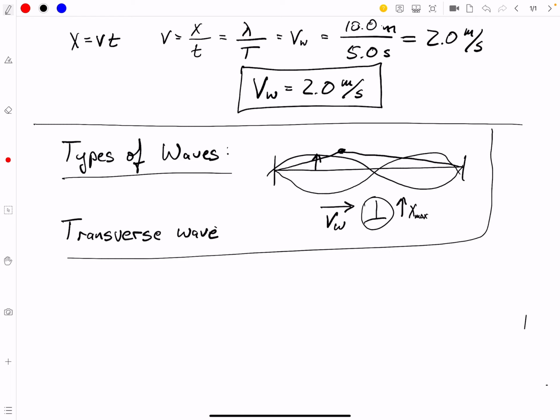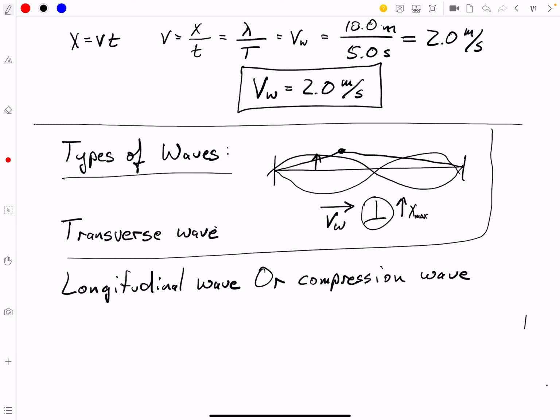A longitudinal wave, also called a compression wave, is best thought of as sound, or a good example of it is sound.